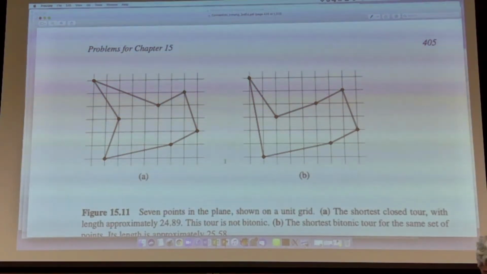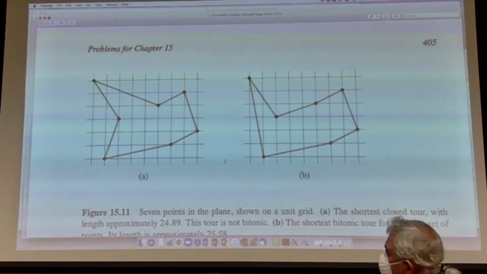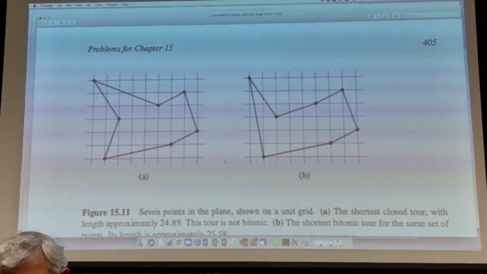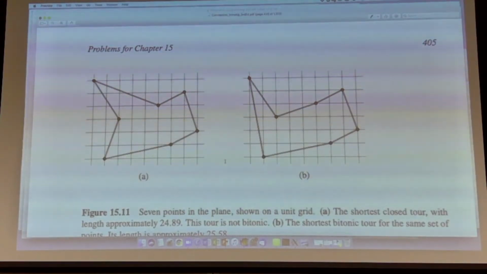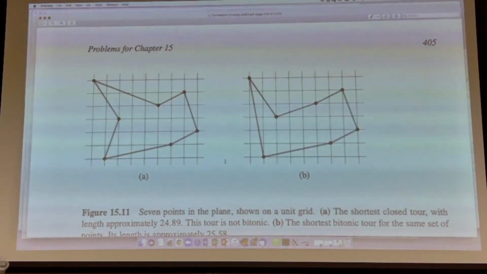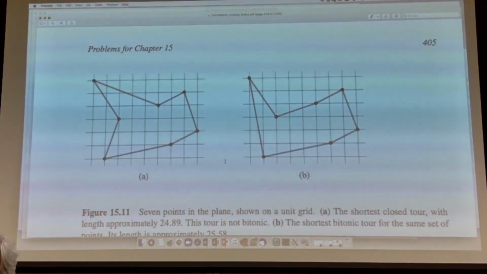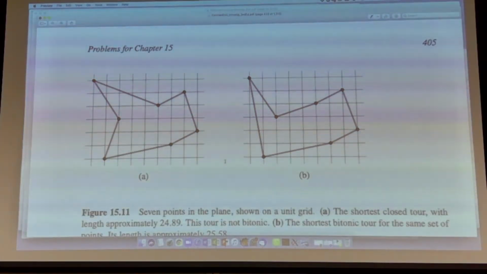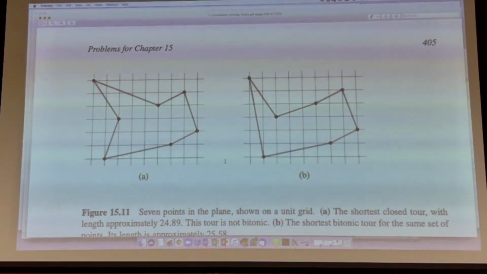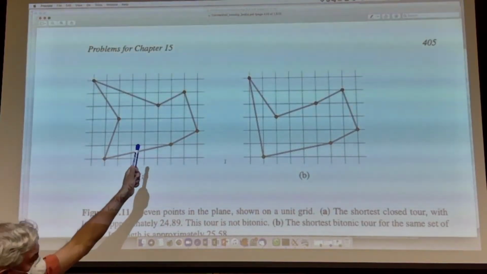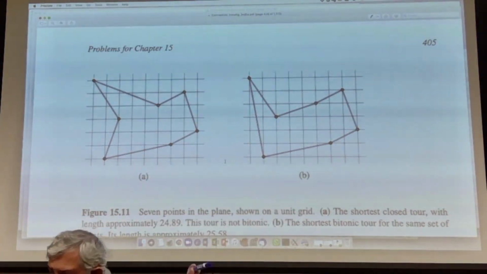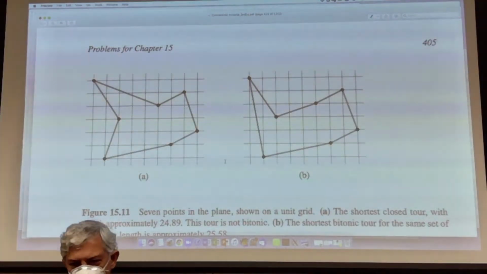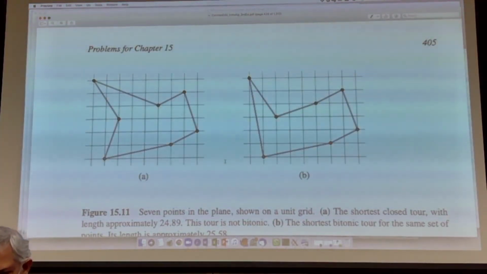One thing I would suggest is not to worry about the first point and the last point, because we know that we have to go from the westernmost point to the easternmost point and then back. The problem is, what are the other points? Once you decide what's on the eastern path, the remainder has to be on the western path.